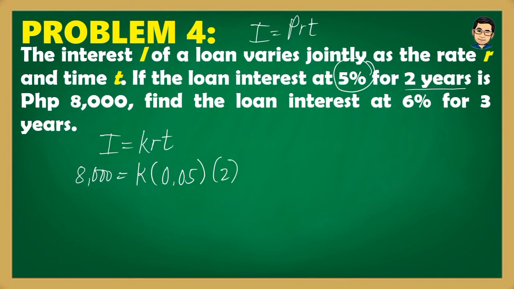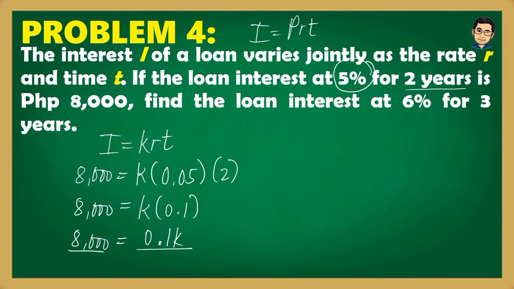Next, 8,000 is equal to the product of K, 0.05 and 2. And that is K times 0.1. So, 8,000 is equal to 0.1K. And then, i-divide lang natin both sides by 0.1.